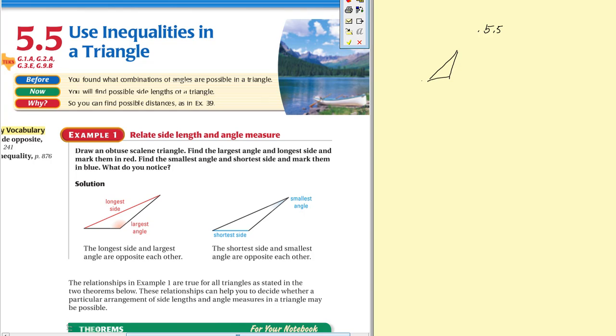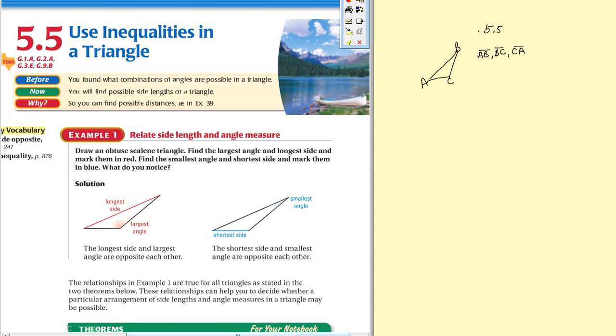So if we label this triangle ABC, then we can put the sides in order of largest to least. So the largest side would be A to B, and then the next biggest side is B to C, then the smallest side is C to A. Now what we can do is look across from these sides and we can put the angles in order.